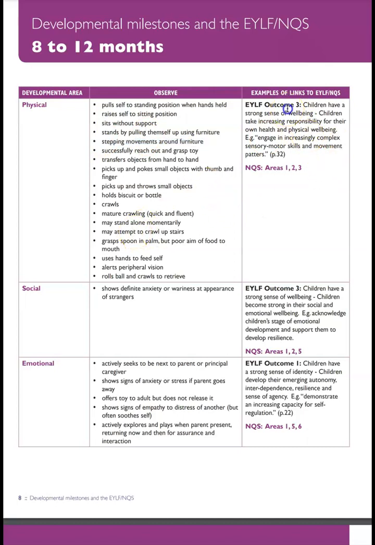And you can link it to outcome number 3, children develop a strong sense of well-being, and in particular, increasing responsibility for their own health and physical well-being when they engage in increasingly complex sensory motor skills and movement patterns. In our case, reaching out, sitting down, pulling the basket. Yeah, that's how easy it is, guys.